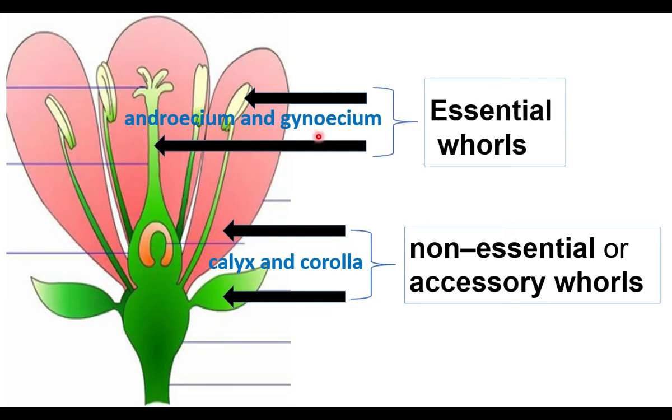Androecium and gynoecium directly involve in reproduction, so they are called essential whorls. Calyx and corolla do not directly involve in reproduction, so they are called non-essential or accessory whorls. Let us see the essential whorls one by one.